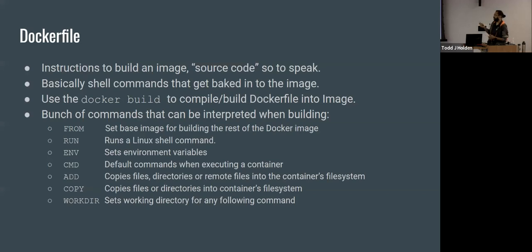And the work dir is sort of the last thing, which says that, okay, before you run any command, it's like a cd command, right? It's a change directory command for everything that comes after. So if you set the work dir to home user at the beginning, every command that runs after that will run relative to that work dir directory. And obviously you can switch as needed.